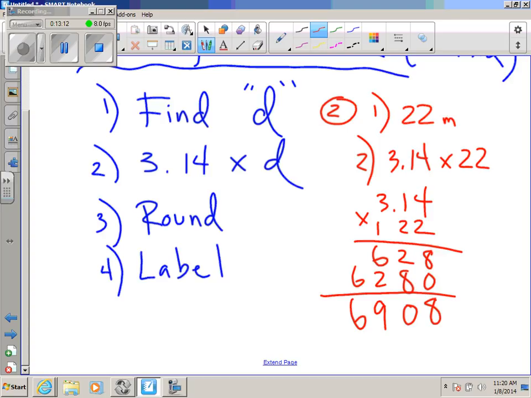One thing you want to be careful of when you multiply with 3.14 is that you're going to always have at least, what? 2 decimal places, at least. So we go 1, 2, 69.08.